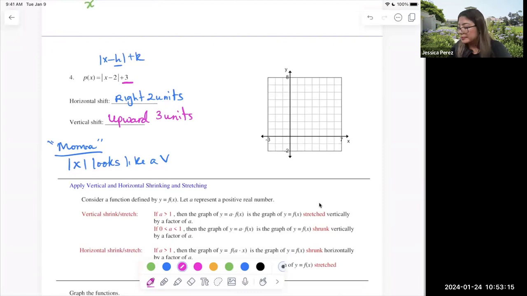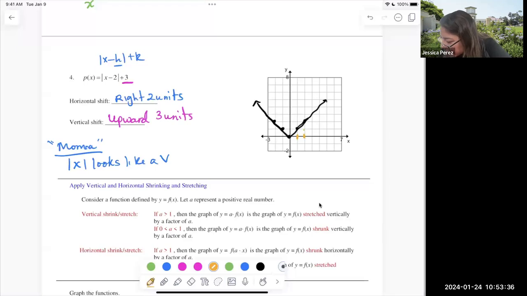So if we draw mama, 1, 1, negative 1, 1, 2, 2. So we know that mama is going to look like a V. That's mama. Now what happens if we move mama to the right 1, 2 units and then up 1, 2, 3? That's going to be my new starting point. And then my graph will move towards that side.